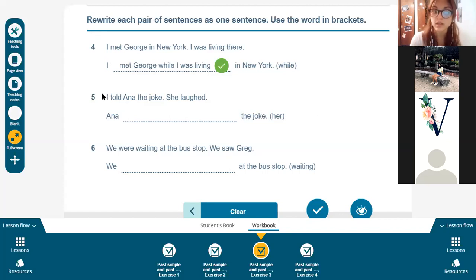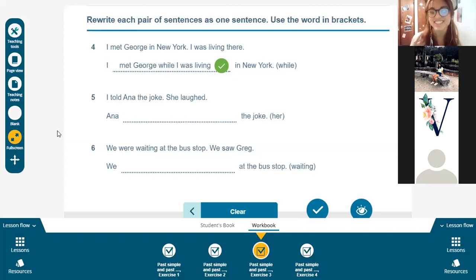We have two subjects, two different people. I tell a joke, Anna laughs. If the sentence starts with Anna, I make the action of telling the joke, Anna does the action of laughing. So if the sentence starts with Anna, which one of the two will you need? Is the reasoning clear?